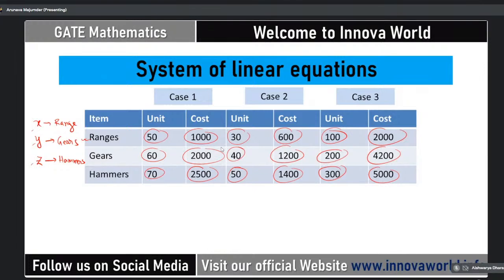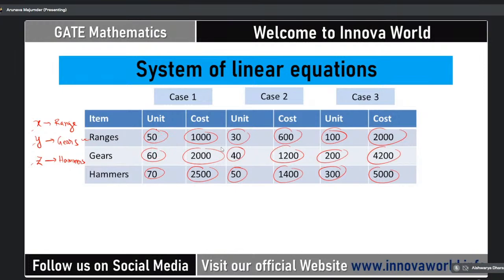So it is 50, 30 and 100. You can see here 50 units of range. Now look at the first scenario, case 1. What are the ranges here?